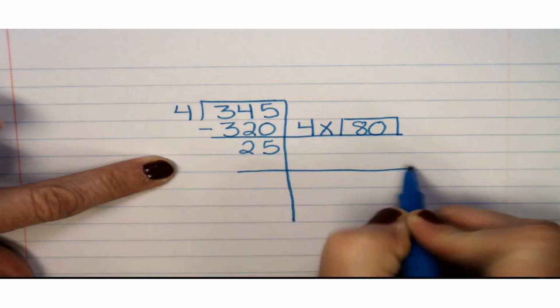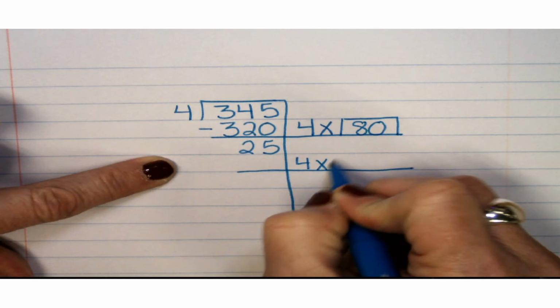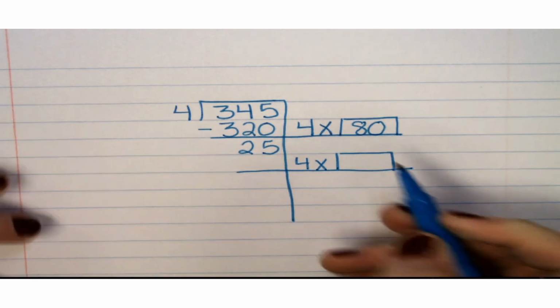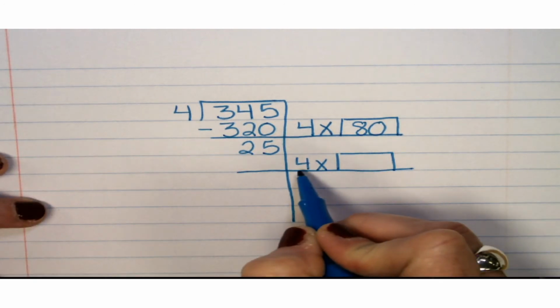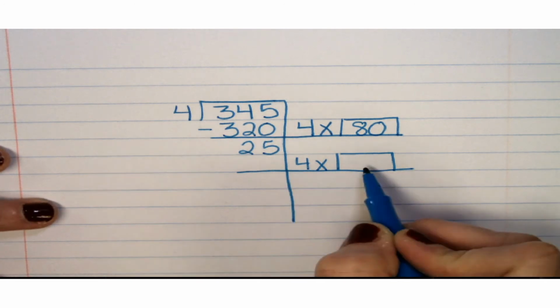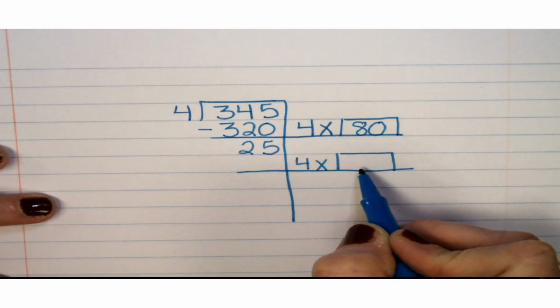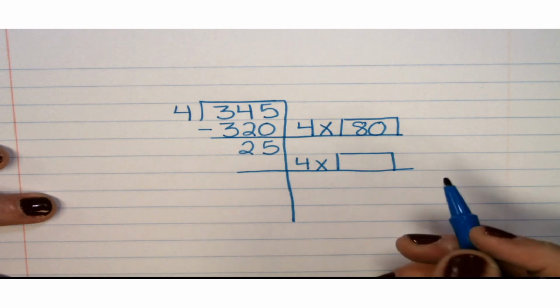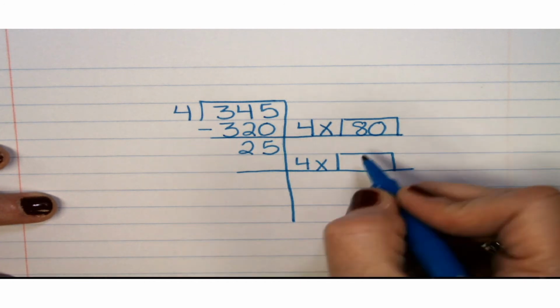So we're going to come back over to the side, and this time we're going to ask ourselves, what times 4 is the closest thing to 25 without going over? We know we can't use multiples of 10 anymore because they would be too big, so we're just going to think of our regular basic facts.